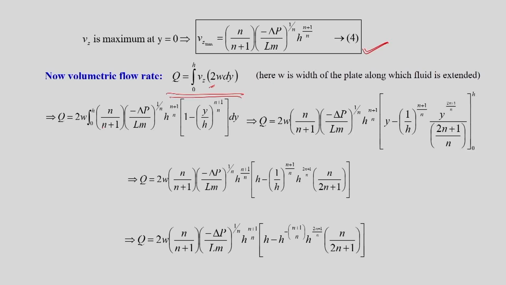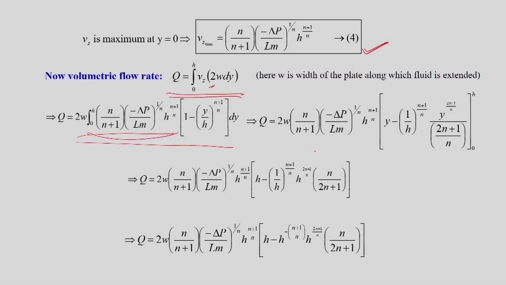So, 2w integral 0 to h of n by n plus 1, minus delta p by Lm, whole power 1 by n, h power n plus 1 by n, multiplied by 1 minus y by h, whole power n plus 1 by n, dy. So, this part is constant, right.